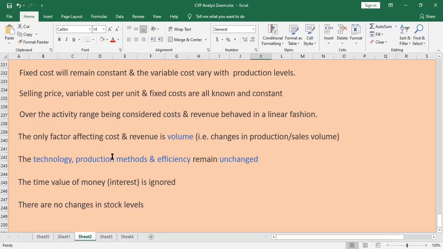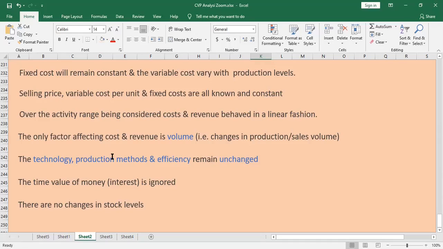So therefore we can safely take this assumption. And the last one is there are no changes in stock levels. So if something happens with the stock levels, definitely it's going to affect your profit. But again, here we are making that assumption. Again, it is safe because we are considering a short term period.